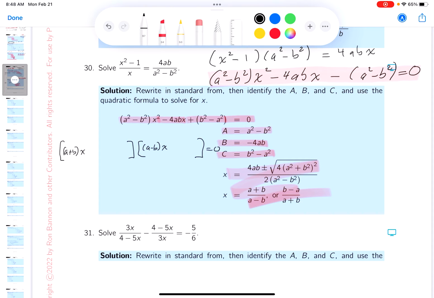Oh boy, I got to do something else here, don't I? So I'm going to say a minus b. Well, whatever I write down, I'm going to check it. And then a plus b.